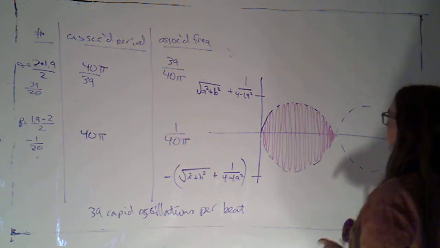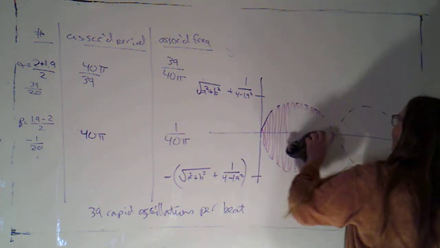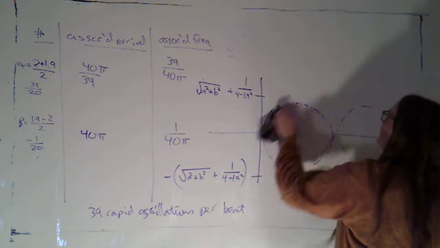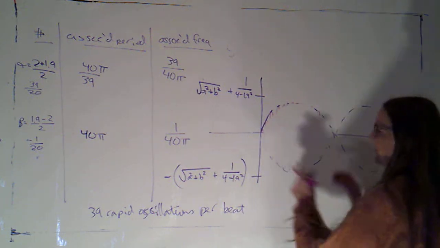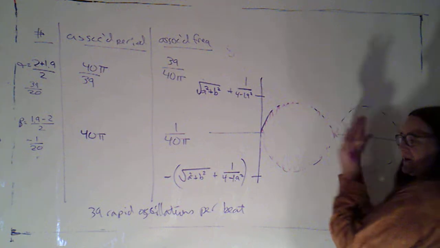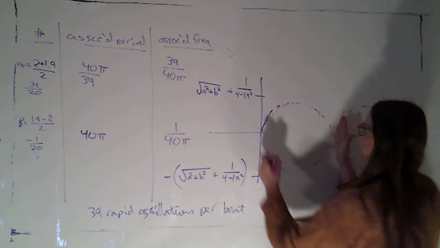Ugh, this is tough. I didn't give myself enough room. I'm going to start over just because I can do this and I'm going to be stubborn about it. Okay, so I just need to make them a little bit tighter. I know I want to be at about 10 rapid oscillations when I'm halfway done.